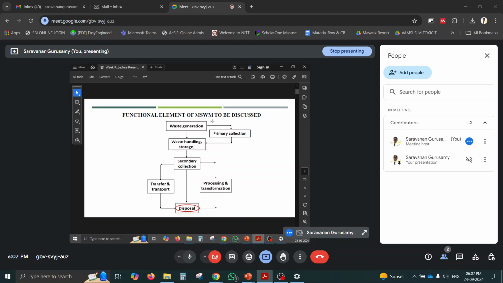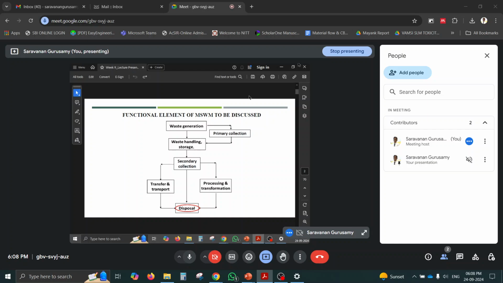But a dump site is an unscientific way of disposal of municipal solid waste, which may create a threat to human health as well as to the ecosystem. So that's what we are going to discuss, how to manage the solid waste at the disposal point. Broadly, we are going to discuss landfills.